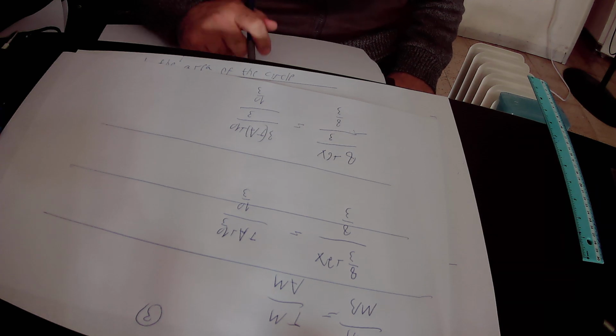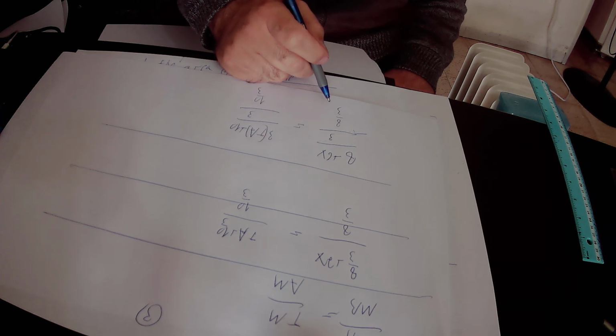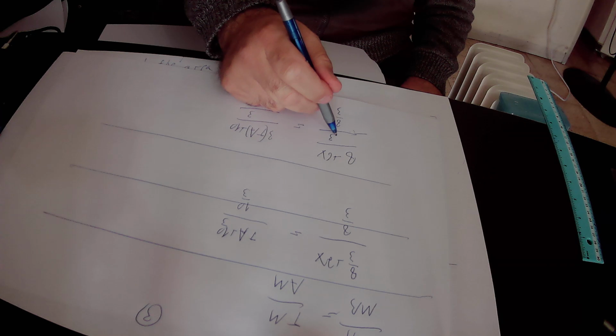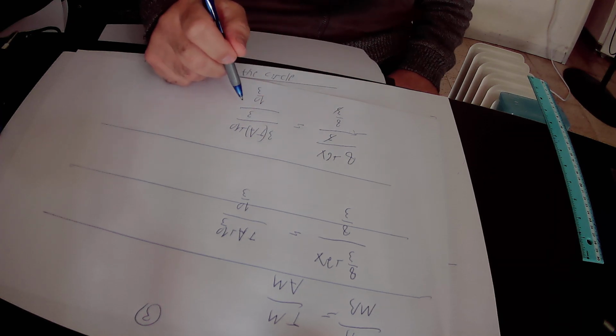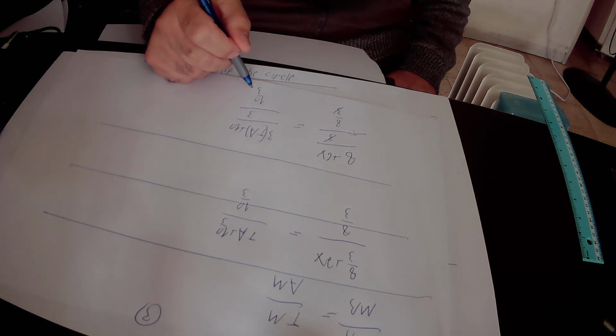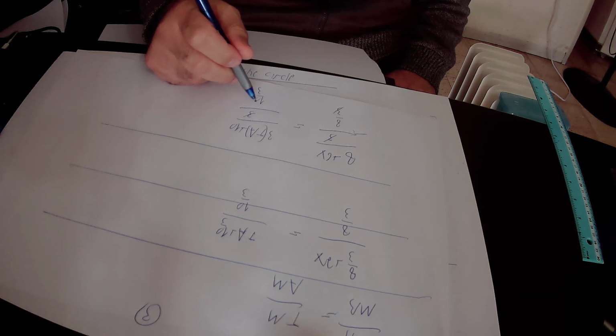So here we have 3 in the numerator and 3 in the denominator, so 3 gets cancelled. Here also we have 3 in the numerator and 3 in the denominator, so 3 will also get cancelled.